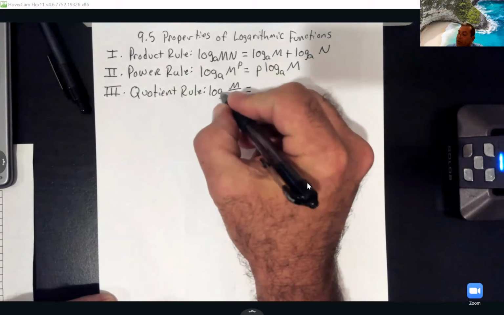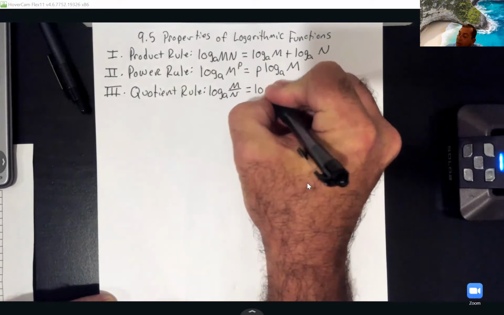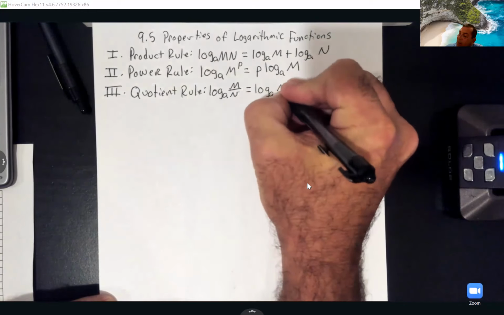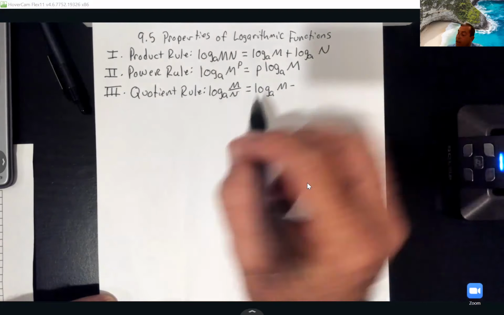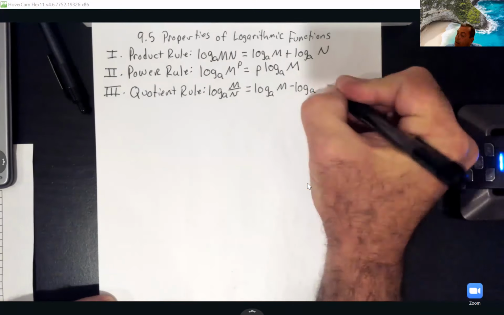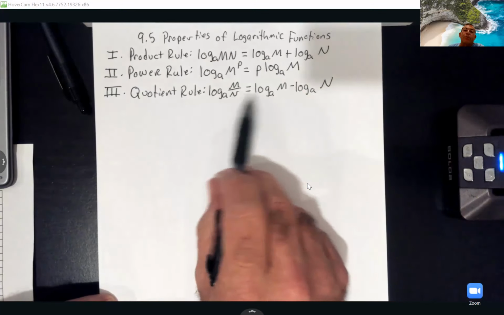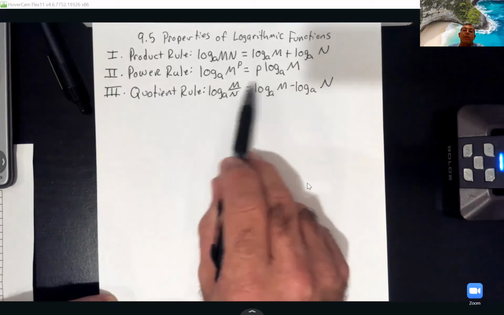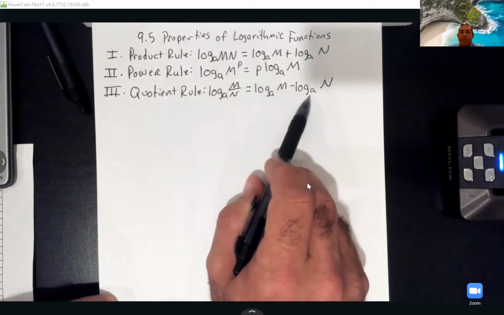So once again, I distribute the log base A to the M. So I'll have log base A of M minus the log base A of N. And just like when you're dividing variables, you subtract exponents, it's always the top minus the bottom on these, okay?